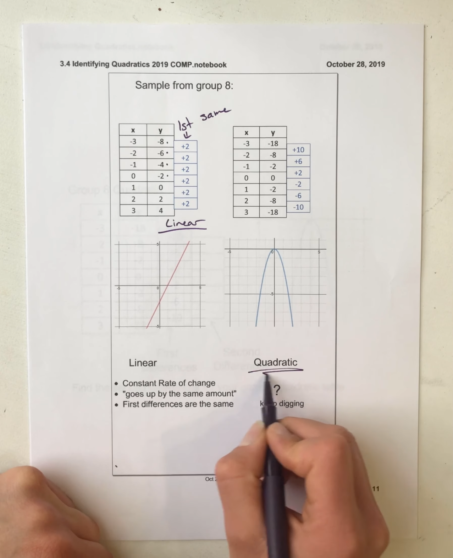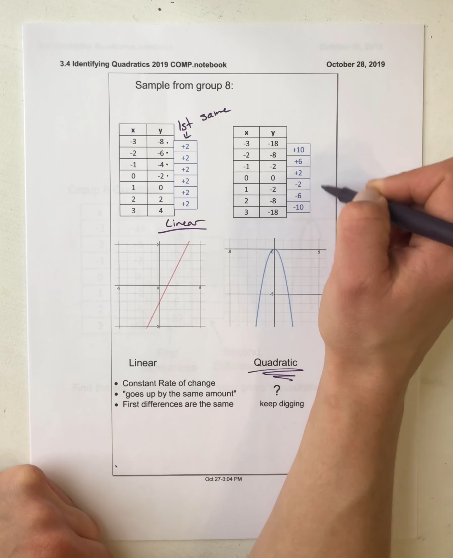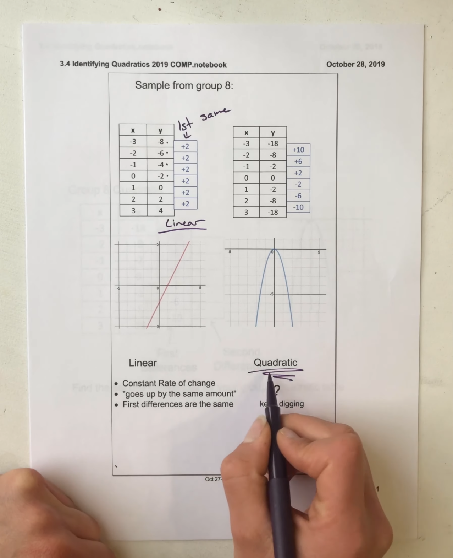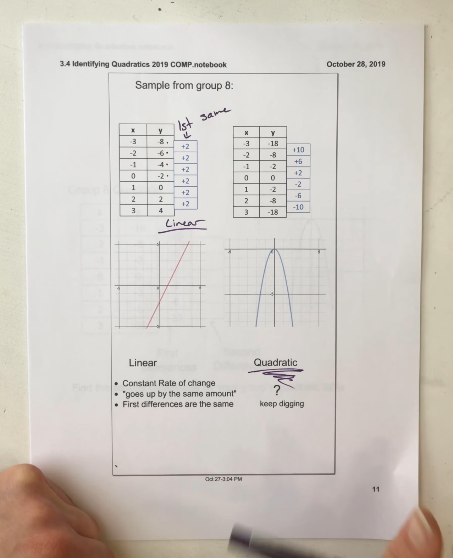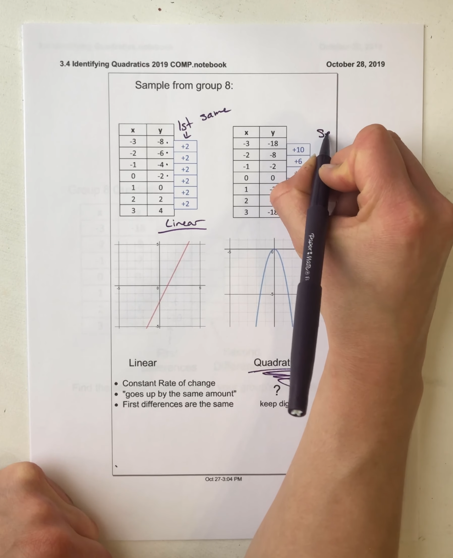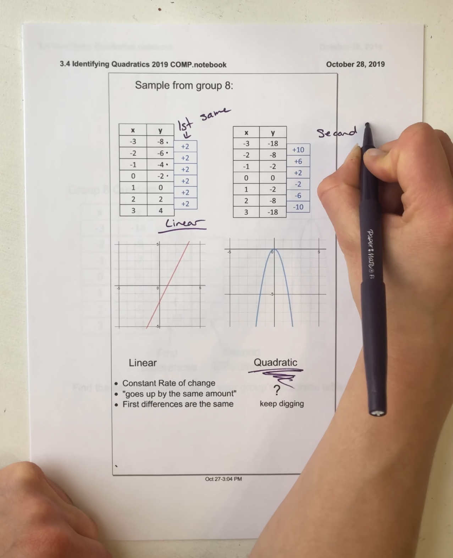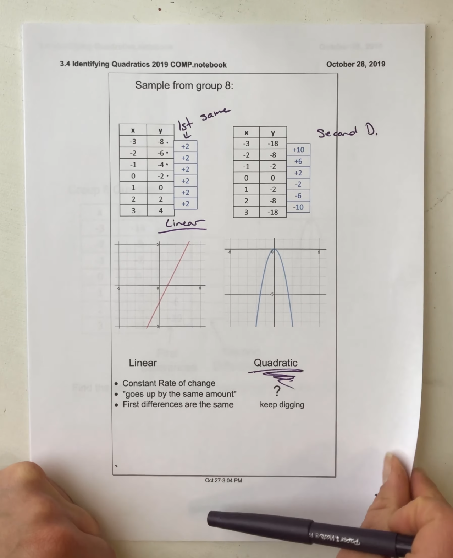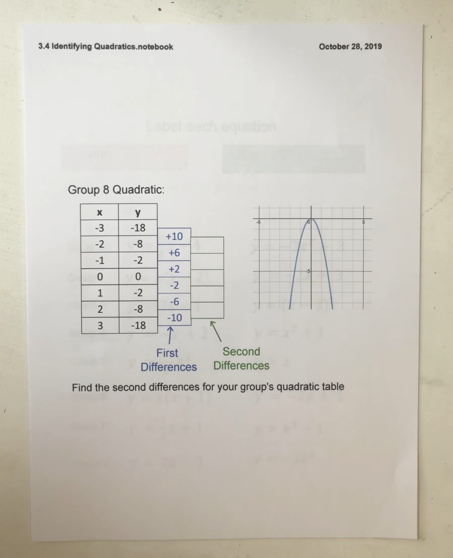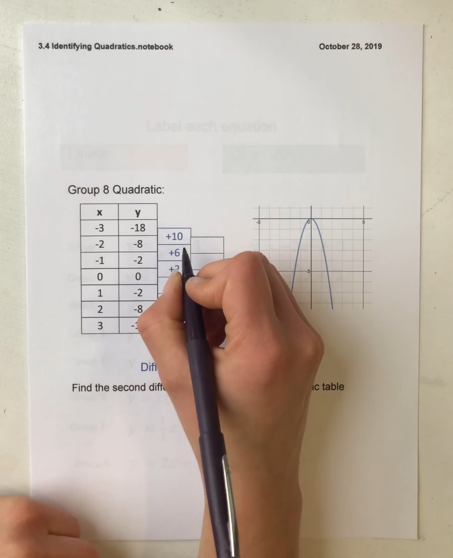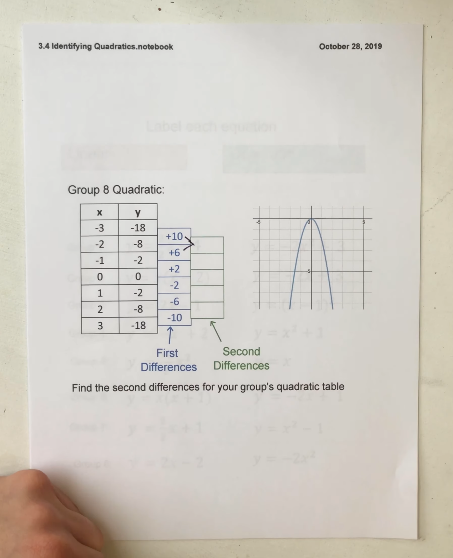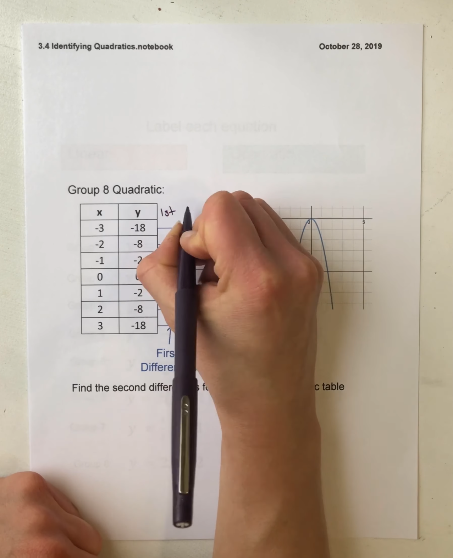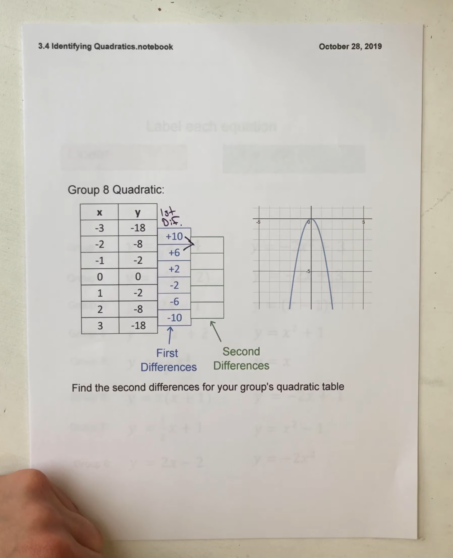So how do we figure out if it is quadratic? If we have something like this, what do we have to do to figure out if it is quadratic or not? Well, we have to go to what is called the second difference. So we're going to figure out the difference between this and this. We figured out our first difference here, and that they're not all the same, so it's not linear.